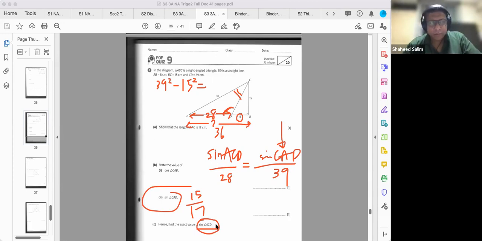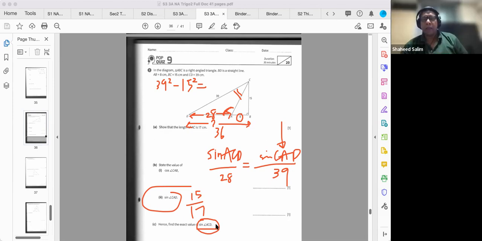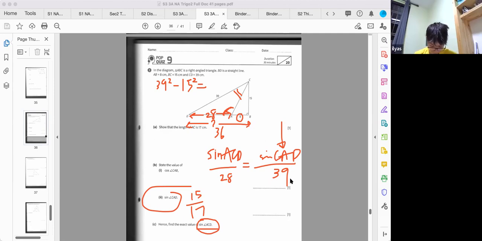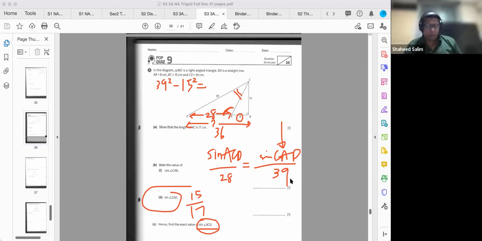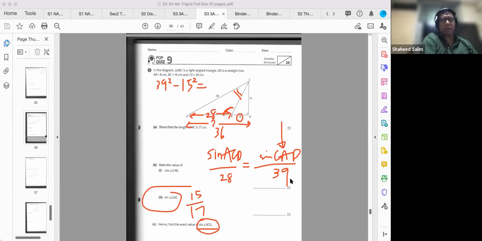Then the answer you must divide by 39. The answer should be less than 1. 1.5 cannot be.